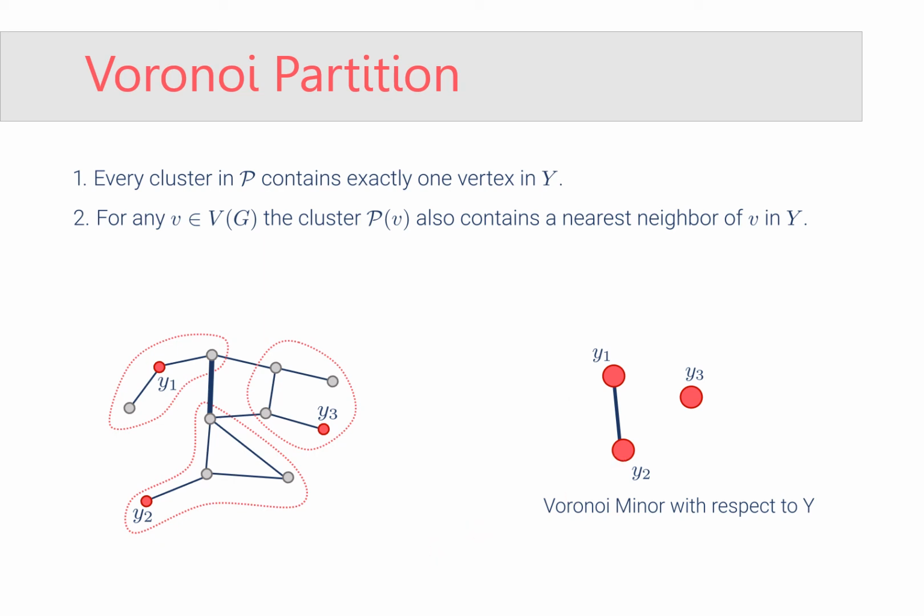And we do that for every pair of connected clusters, Y1 and Y3, Y2 and Y3. In this case, the Voronoi minor with respect to Y is just a little triangle. What it essentially allows us to do is to zoom out our graph to look at the bigger picture for topological holes or tripods.